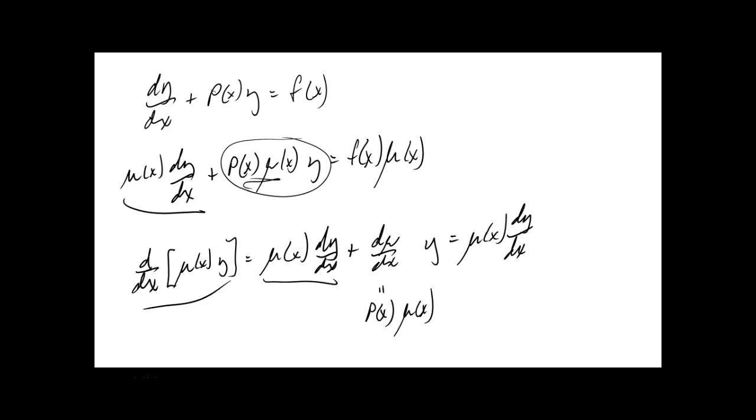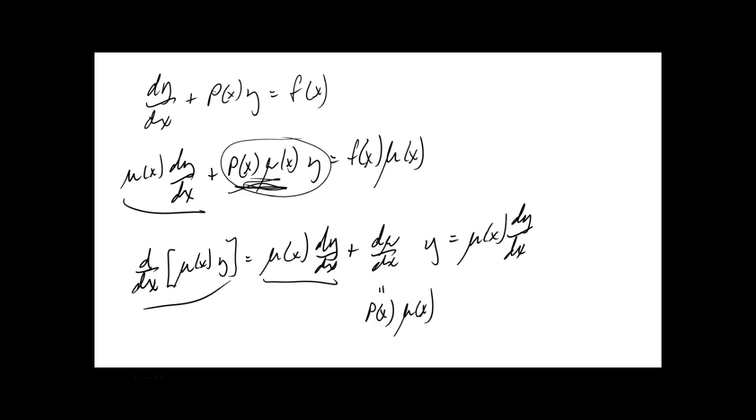We're leaving off the right-hand side altogether. We'll worry about that later. We were trying to get this to look that way. So if we can pick a mu, because we get to choose the mu, right? Pick a mu so that this derivative is equal to this thing right here, times whatever the function p of x is, which we know was given to us.